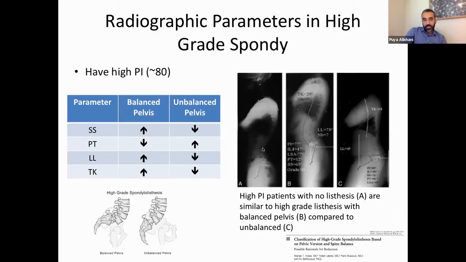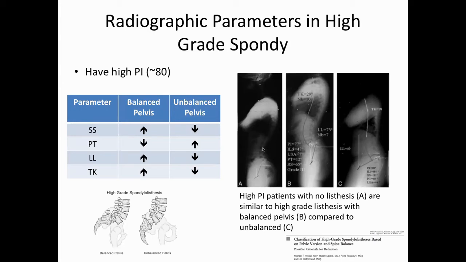So she has a high pelvic incidence, and there have been several papers that talk about this high-grade spondylolisthesis. And what do you do with it? How do you work it out? So it always comes to the balanced pelvis. If the pelvis is balanced, and what do I mean by that?